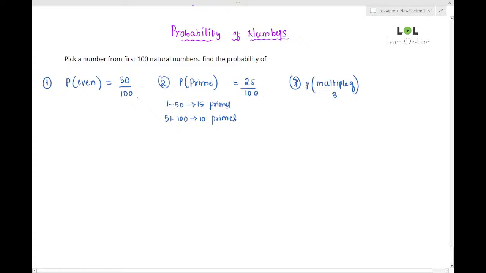Let us see who will give the right answer. How many multiples of 3 are there in the first 100 numbers? Multiples of 3, guys.